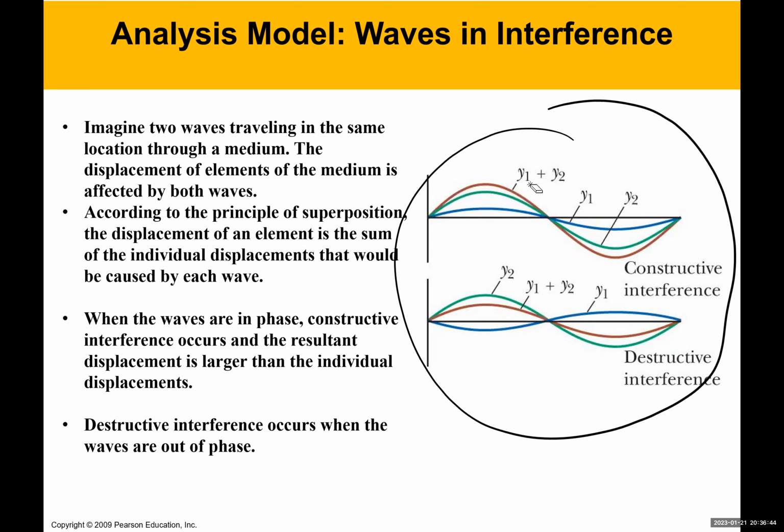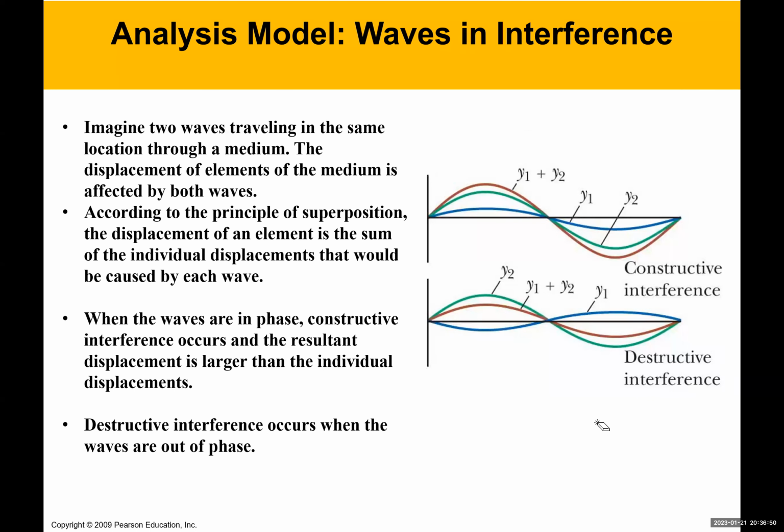And you can see that technically you can have a constructive interference, or a destructive interference where they destroy each other. Here the superposition is less than the individual waves, whereas here the brown is greater than the individual waves, where you're adding them up.